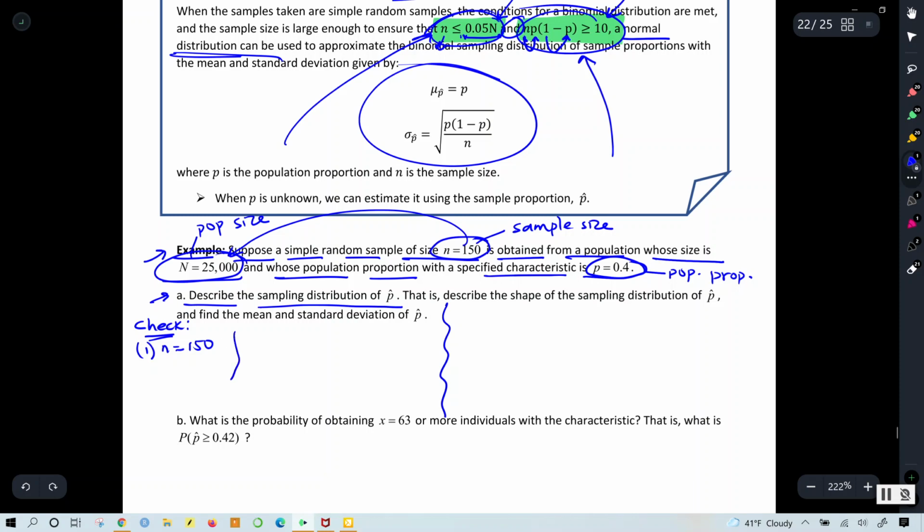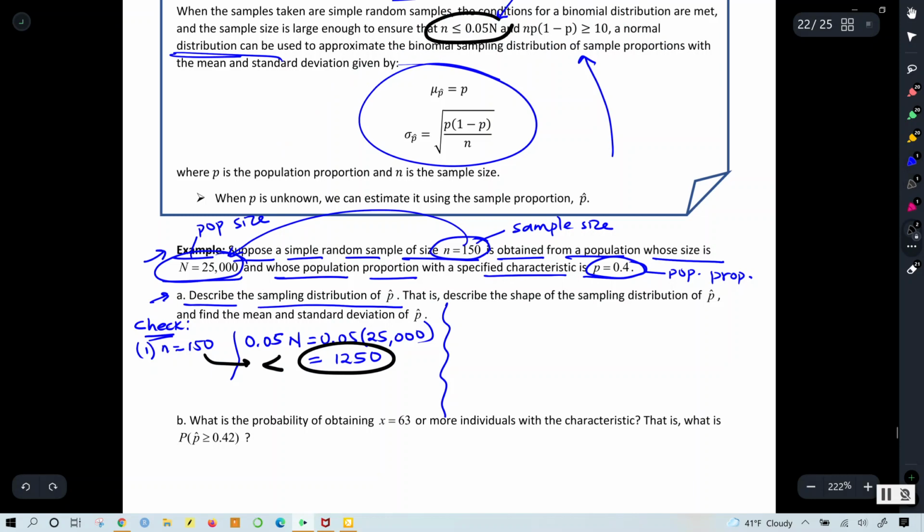Then what is 0.05 times the population size? 0.05 is 5% of the population. That would be 0.05 times 25,000. This would give 1250. Well, what do we observe? We observe immediately that the sample size is less than 1250. That is very, very good because that meets that condition that should be lesser than.